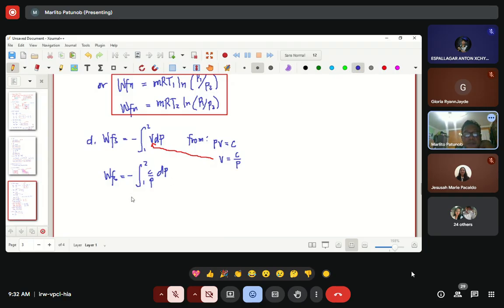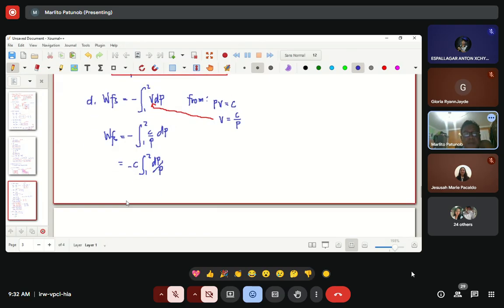That becomes a negative C times the integral from 1 to 2 of dP over P. That's the WFS.